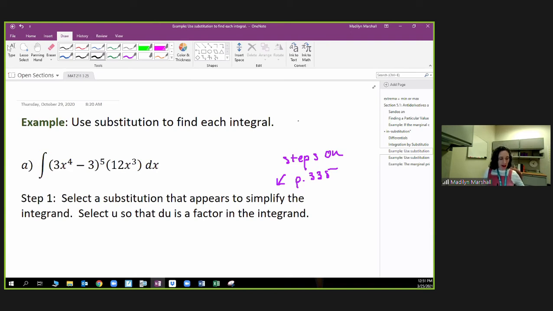So these steps might not make sense at first when we're just reading them, which is why we're doing an example.